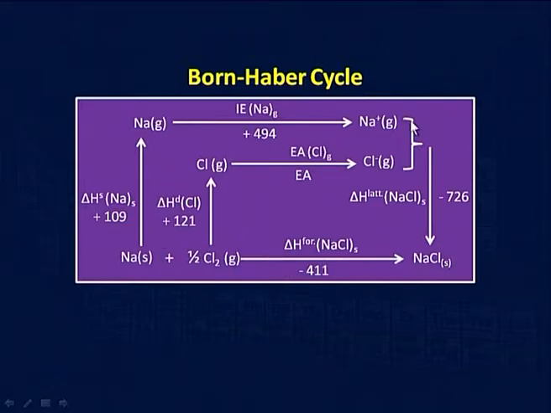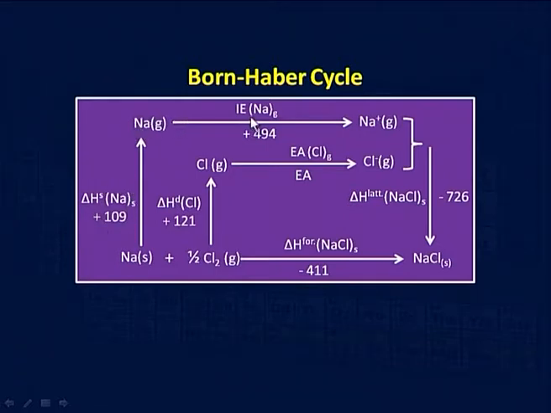This is the single step reaction, and if we take the formation of sodium chloride in multiple steps, then there will be various enthalpy changes, which we can see here. First, the heat of sublimation of the sodium atom gives the gaseous atom.